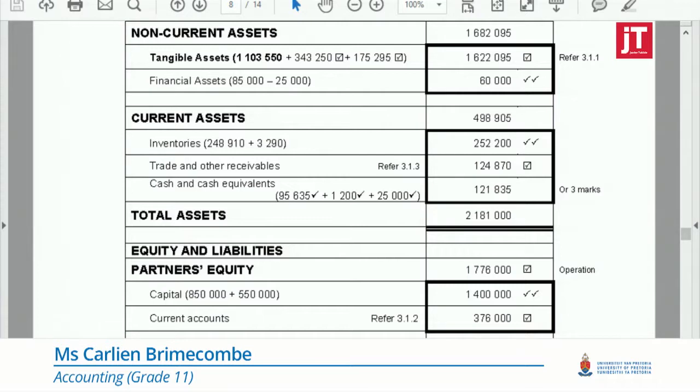Write everything from the pre-adjustment trial balance or list of balances in brackets. Then you go to the adjustments and you add or subtract. After you've worked your way through the adjustments, then you close all the balances and you do the final calculations. Right. Any questions there?